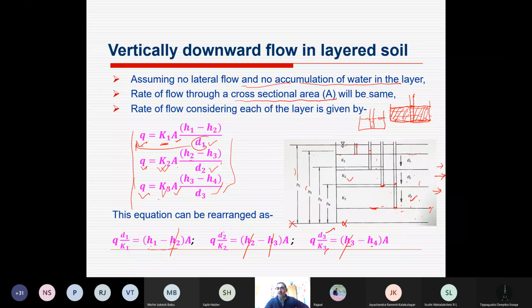Voids are filled with water. I am telling you that soil is saturated. Saturated means void space is filled with water. Are you sure about this statement? Yes, sir, voids are filled with water.